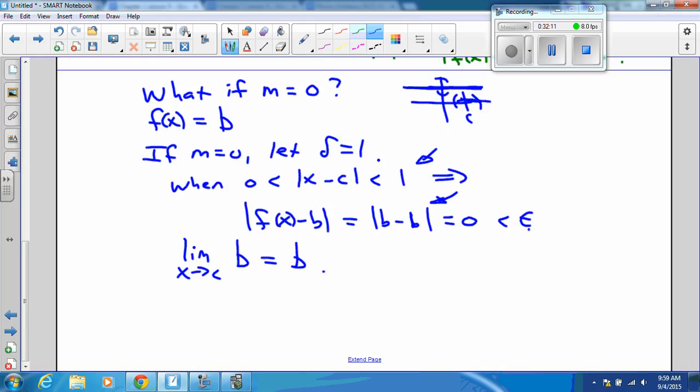So when |x minus c| is less than 1, that forces all f(x) values to be within epsilon, for any epsilon. And so we conclude, therefore, that the limit as x goes to c of a constant b is just the constant. We called this the constant rule last year for our limits. And now we see why it works.